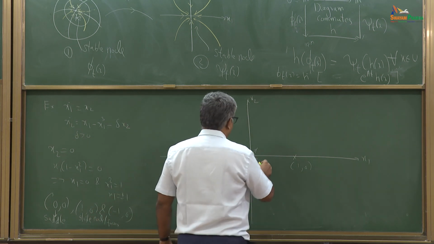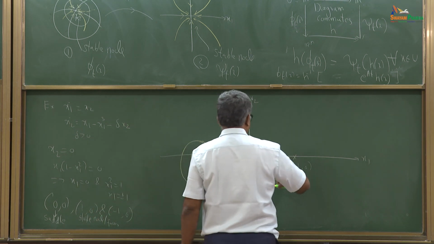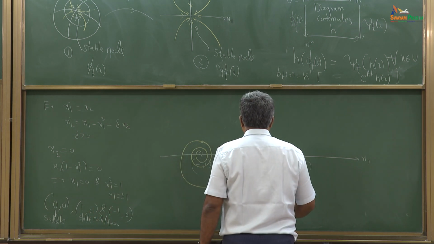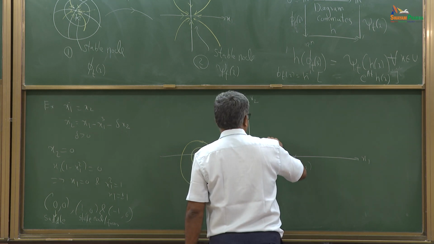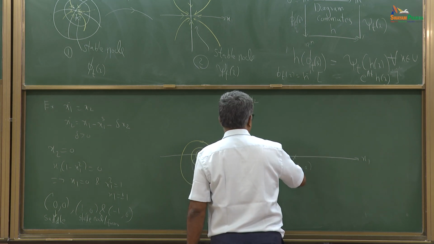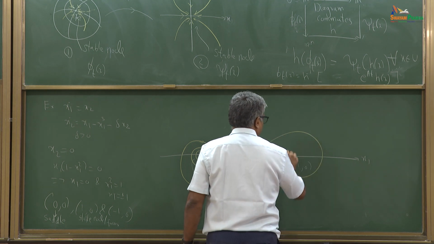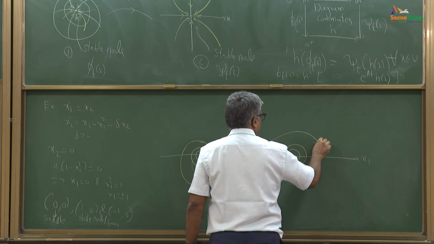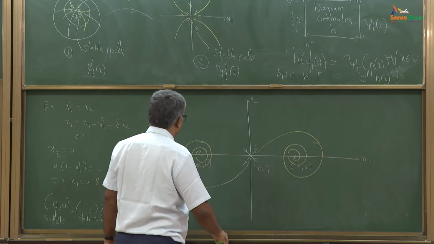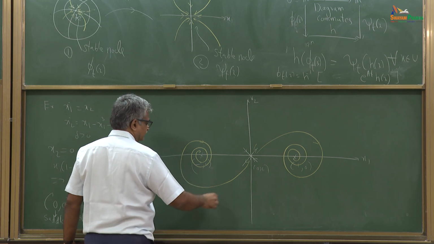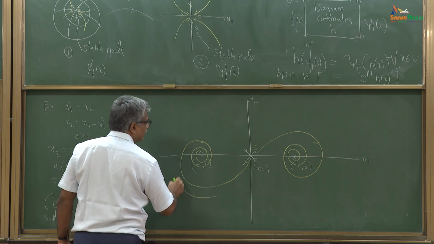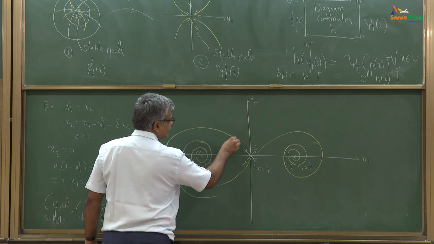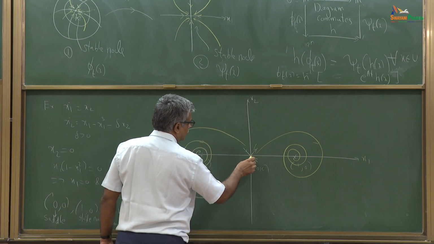So this side will be something like that. If you perturb here, they will go like this.